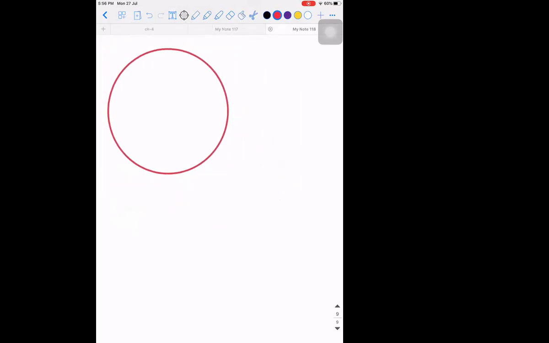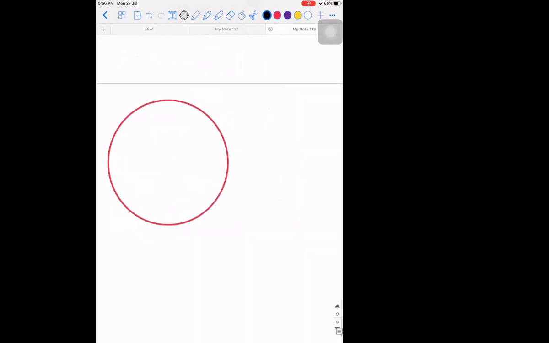Now I'm going to derive the expression for centripetal acceleration of an object in uniform circular motion.